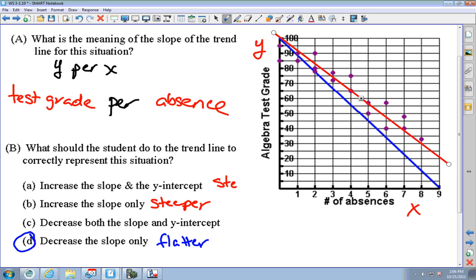That would say that you are making it steeper and moving the line up. If you're decreasing the slope, so you're moving it, move line down, and decreasing the slope means that you're making it flatter.